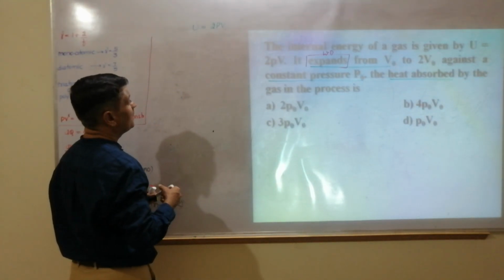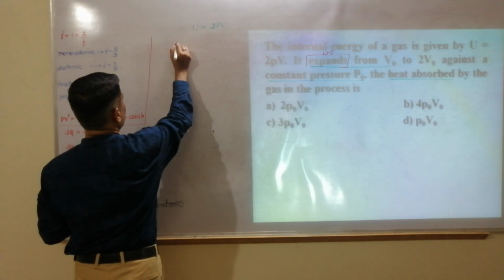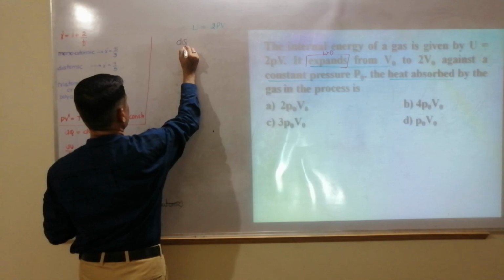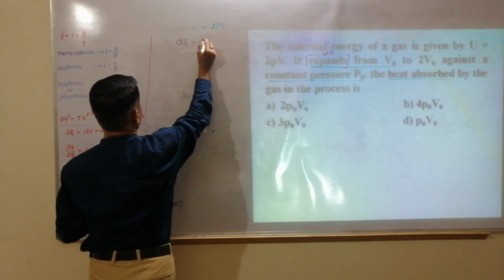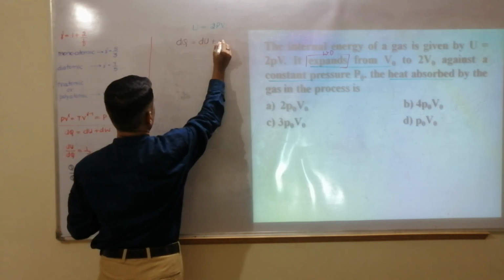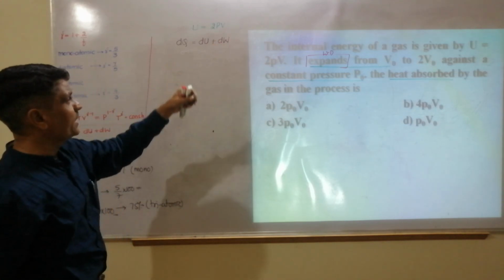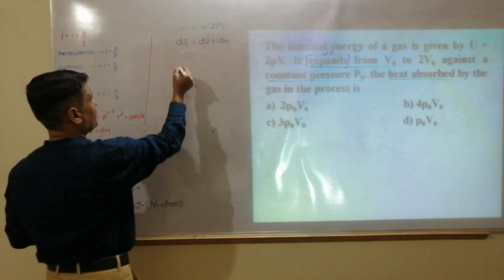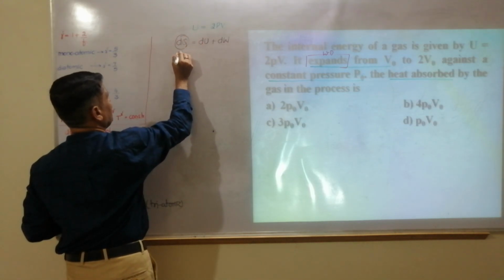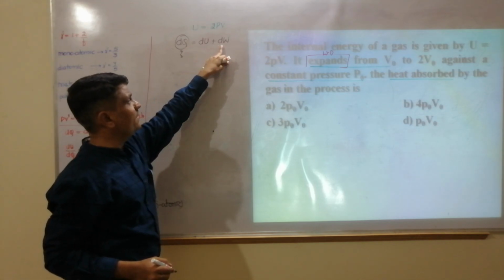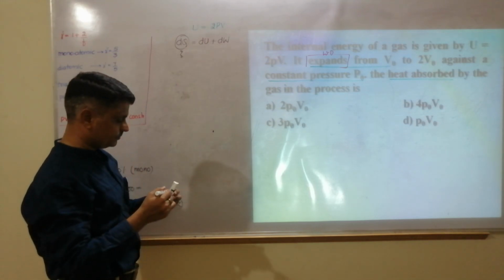Already you know the relation between heat absorbed, internal energy and work done: dQ equals dU plus dW, according to the first law of thermodynamics. We want dQ, so I need dW and dU.